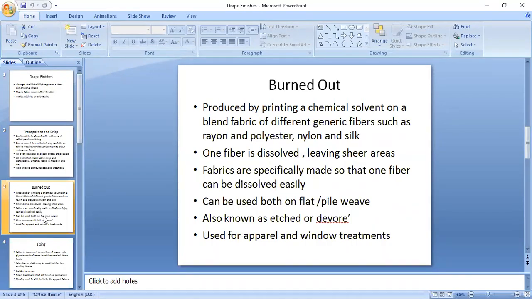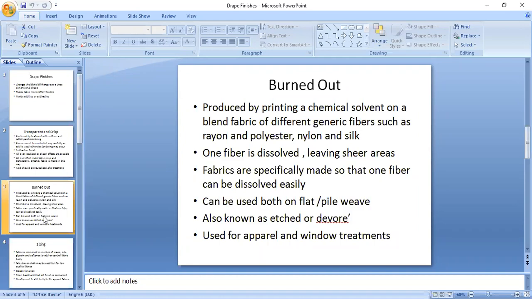Examples are rayon and polyester, nylon and silk. When we are using the blend, one fiber is usually the more solvent sensitive and is dissolved, leaving sheer areas.